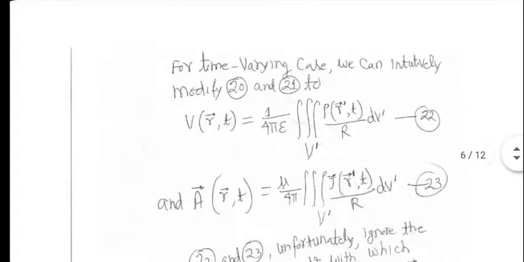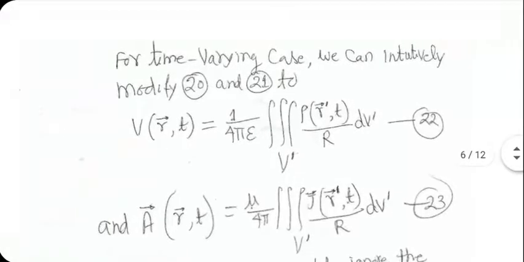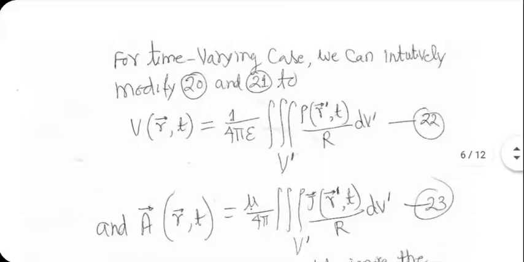Based on that intuition, people modified those formulas like this. We simply introduce the t variable on the left side as well as on the right side. Fair enough, nothing too difficult to believe. Then what? Our job is to capture reality.